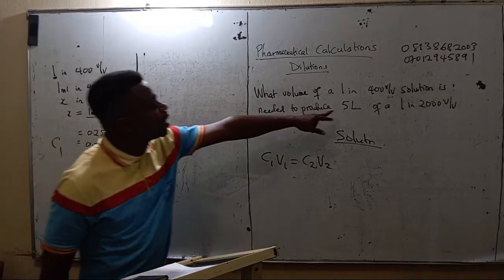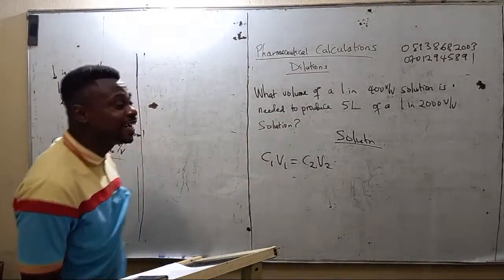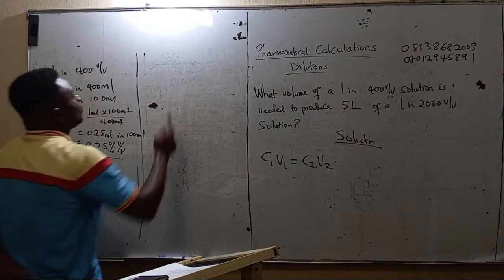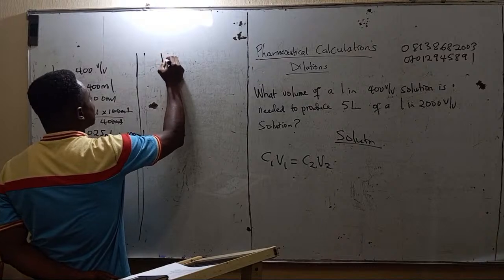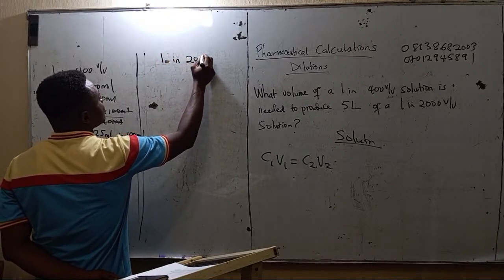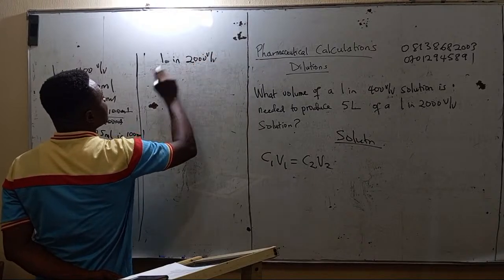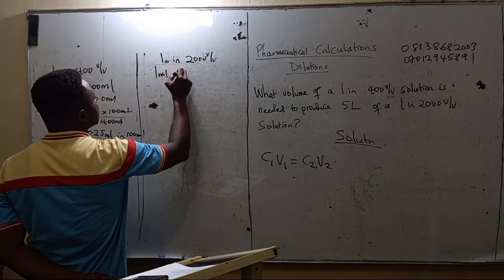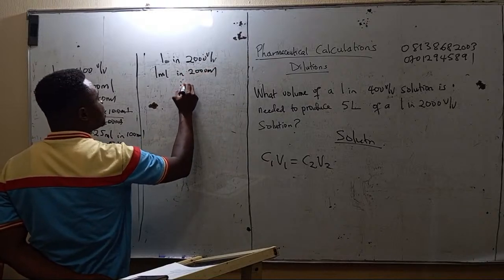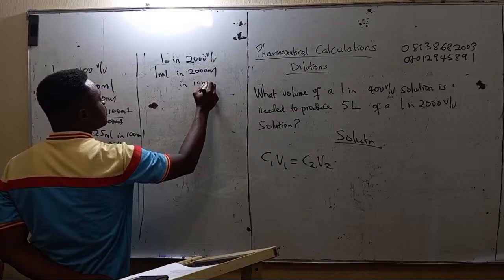C2 is 1 in 2000 volume in volume. 1 in 2000 volume in volume simply means 1 ml in 2000 ml. So how many will be in 100 ml?